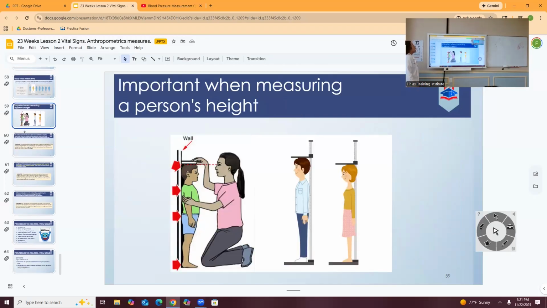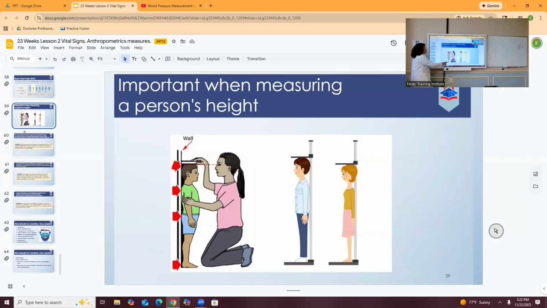When you're measuring the height of the patient, it's important that you are at the level of the scale that is measuring that height, okay? You cannot be on the side, above, or under. You have to be at the same level so you can see the exact number.